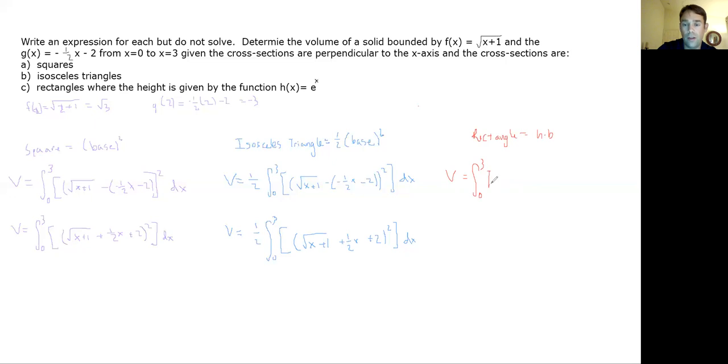Let's see here. So I have the height, h of x, times the base of my function, which is f of x, so the square root of x plus 1, minus the g of x function.